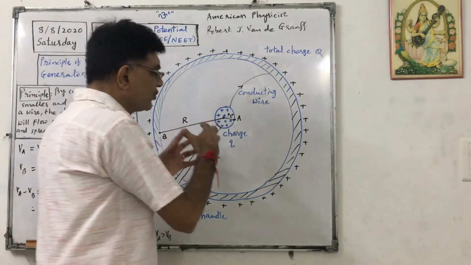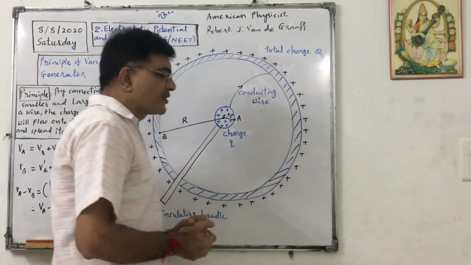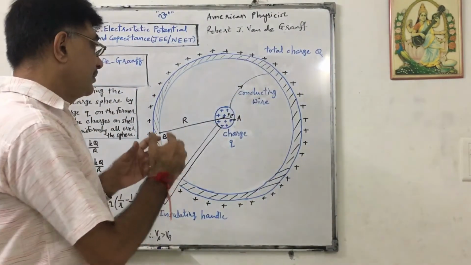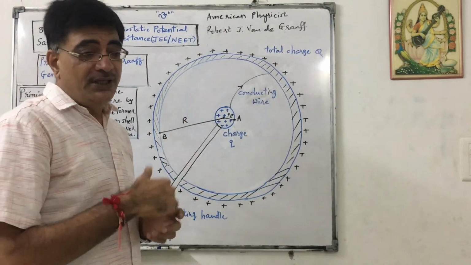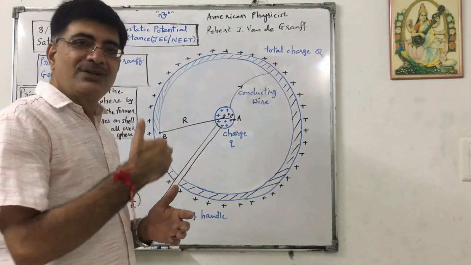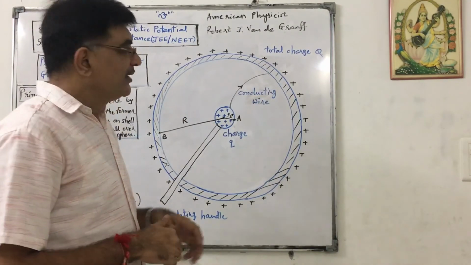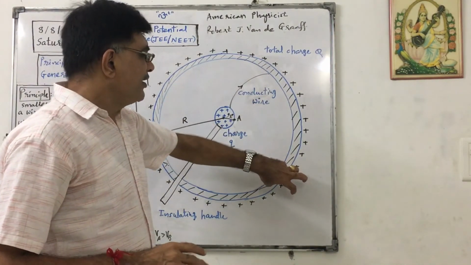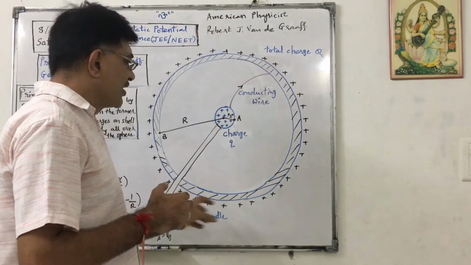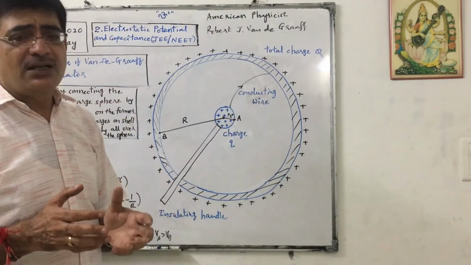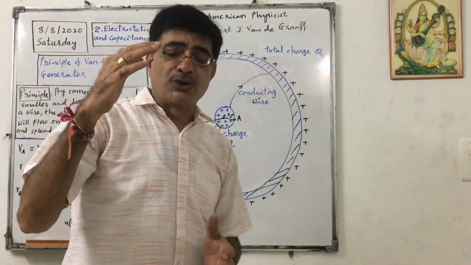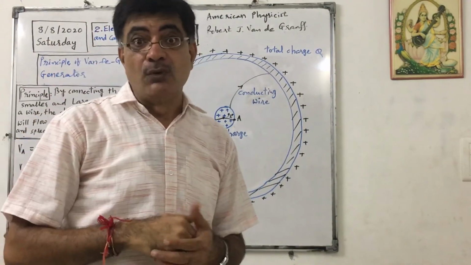As more and more charge is deposited on the shell, the repulsion for newly flowing charge will increase. After some time, due to the very high value of deposited charge, the potential and electric field both will be very high. Potential will be up to a million volts.